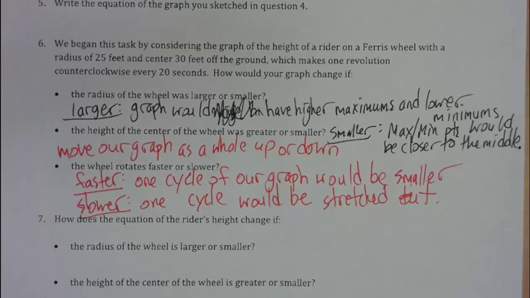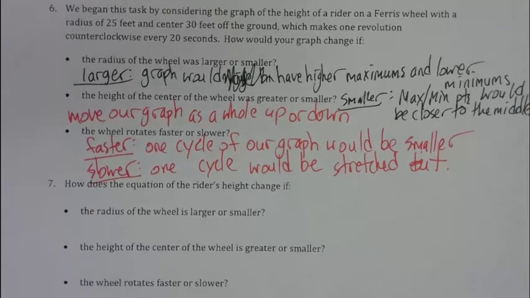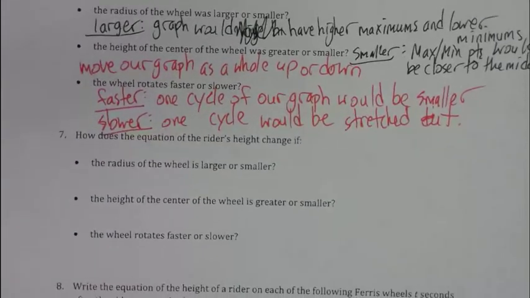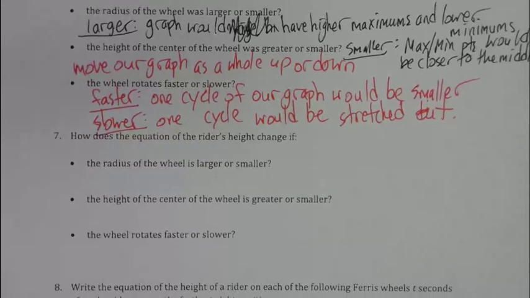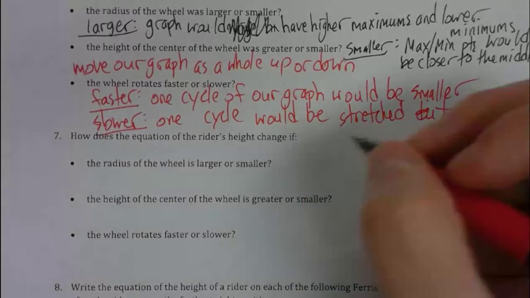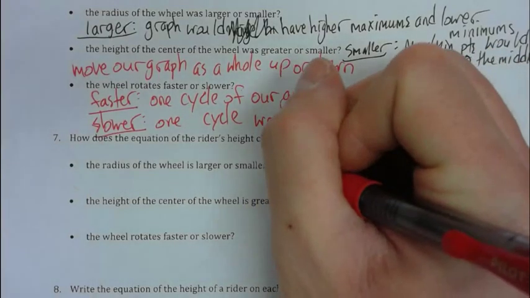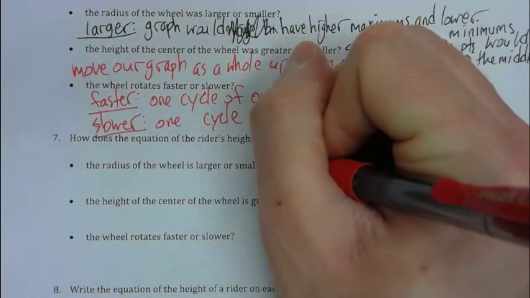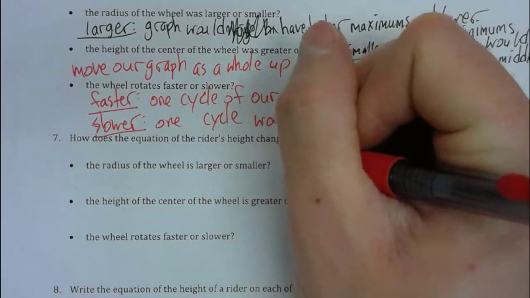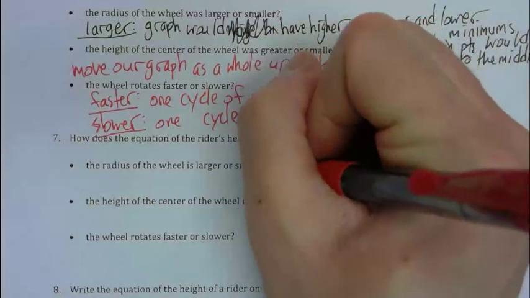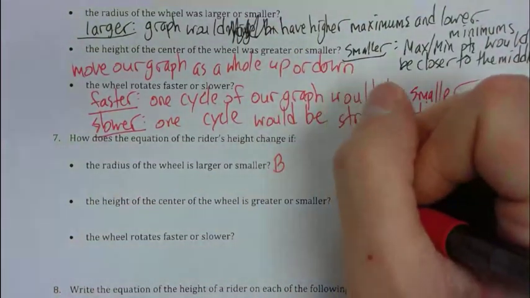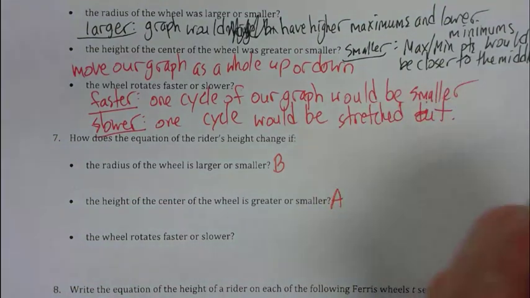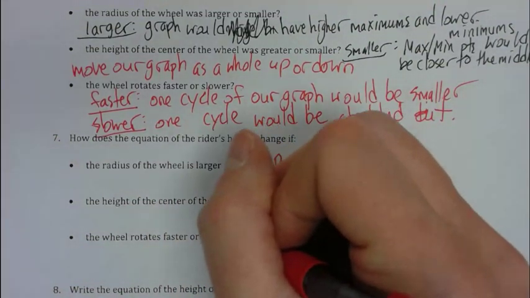Now 7 is kind of the sum of the same things that we've been talking about. So 7, how does the equation of the rider's height change if the radius of the wheel is larger or smaller? We've kind of talked about that already. So if we think about the radius, let's say that is our B value, height is our A value, and the wheel rotates faster or slower.